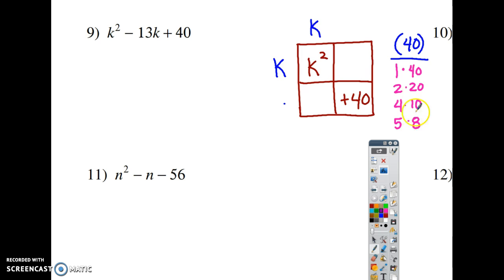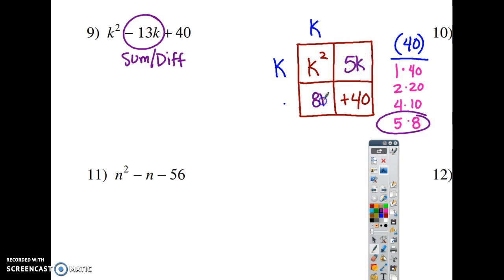Which one of these gives you a sum or a difference of 13? That means when you add or subtract them, out of all of these, the only one that gives you a sum or difference of 13 is 5 and 8. When you add 5 and 8, it gives you 13. 5k, 8k.